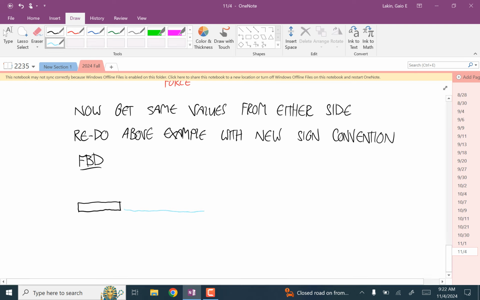This is all the stuff that's part of the beam, but that we're ignoring. So we're ignoring this upward force of 1,000. We're ignoring this downward force of 500. We're including this downward force of 500. And now those loads that are applied by the fixed joint, we're going to write with this new sign convention. We're going to call the horizontal component T, the vertical component V, and the couple M.